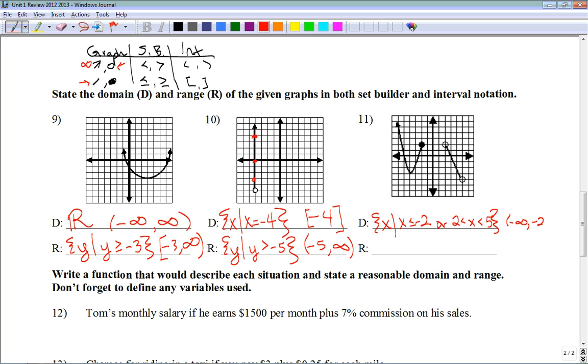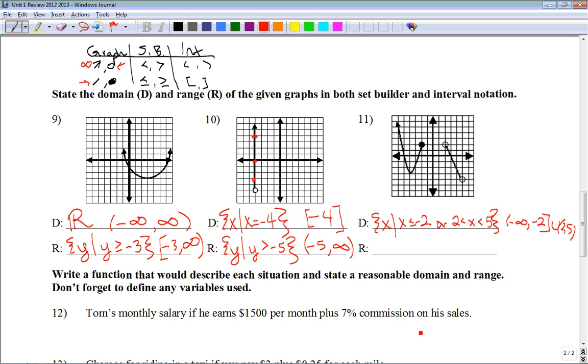We're going up to -2, but we're including it, so it's a bracket. Then you use that union symbol. Then we jump over here. So or is the same thing as union, and we're going from 2 to 5, but here they get parentheses since they are open points like our chart says.